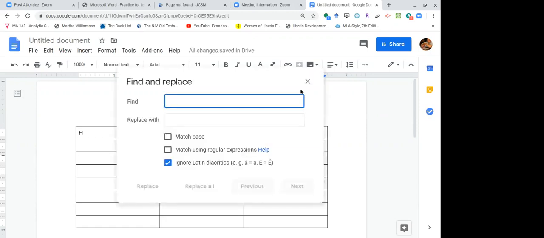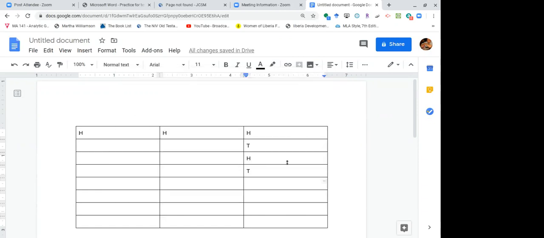I just want to see heads, tails, heads, tails. There should be 8 of them. 2, 4, 6, 8. Okay. Now the middle column alternates every 2. So heads, tails, tails. Then heads, heads.